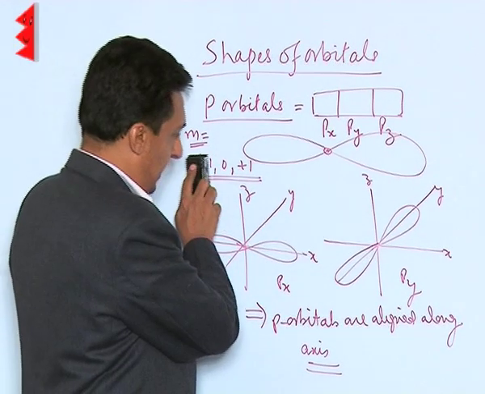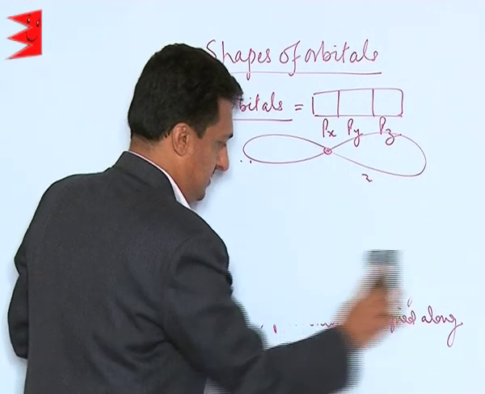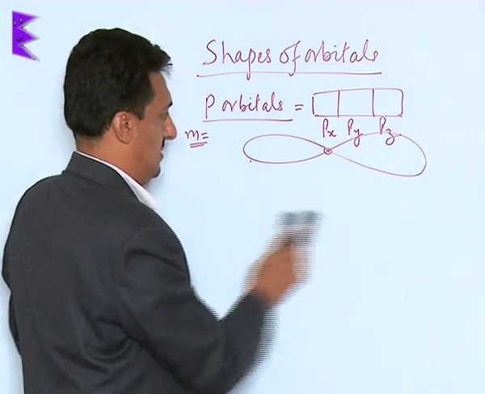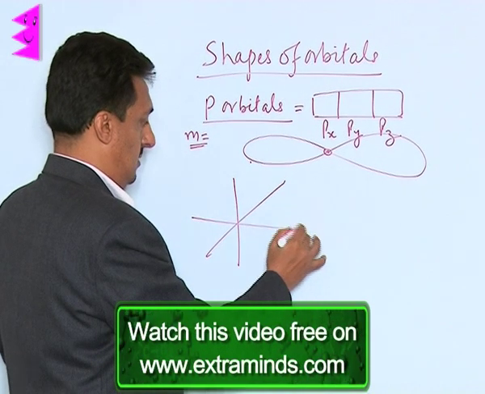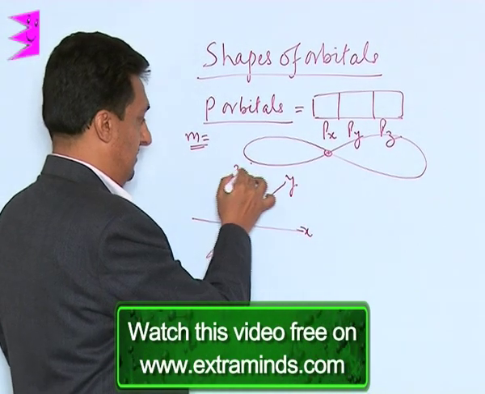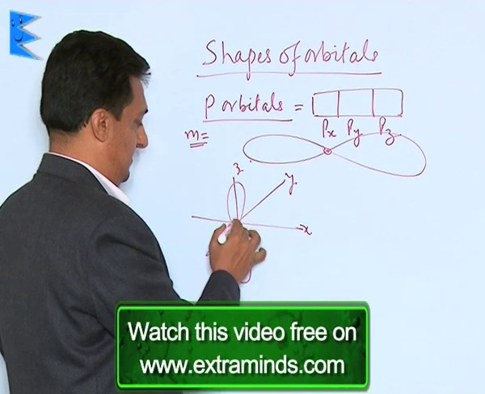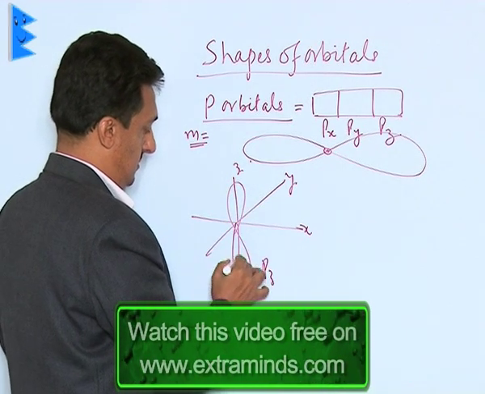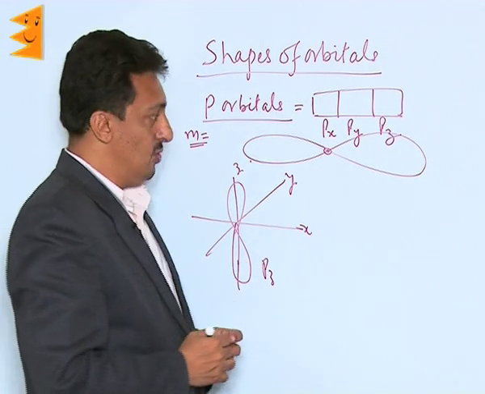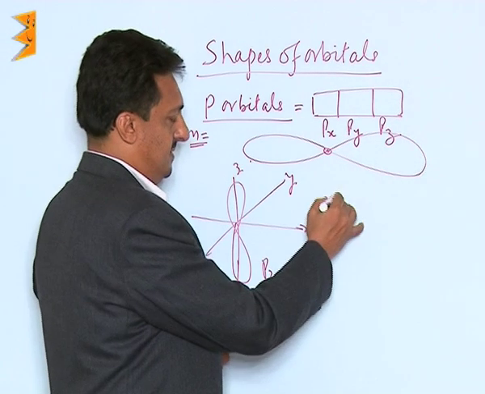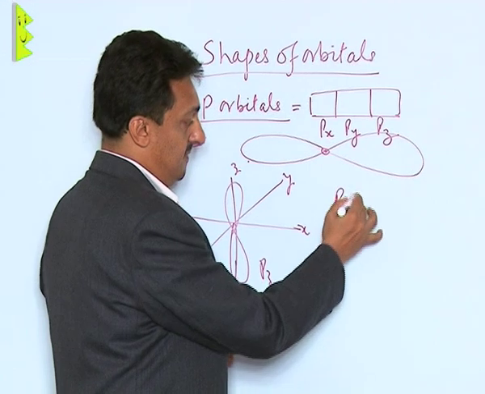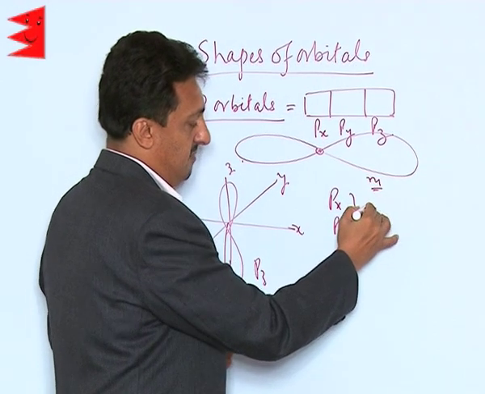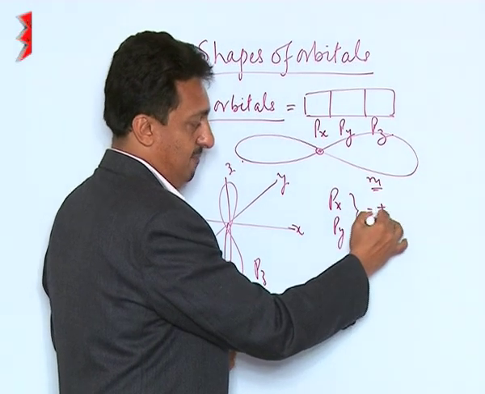Now let me draw the diagram for the pz also. x, y and z, so the pz is like this. What is important to notice is that for px and py, the values of m are plus or minus 1.